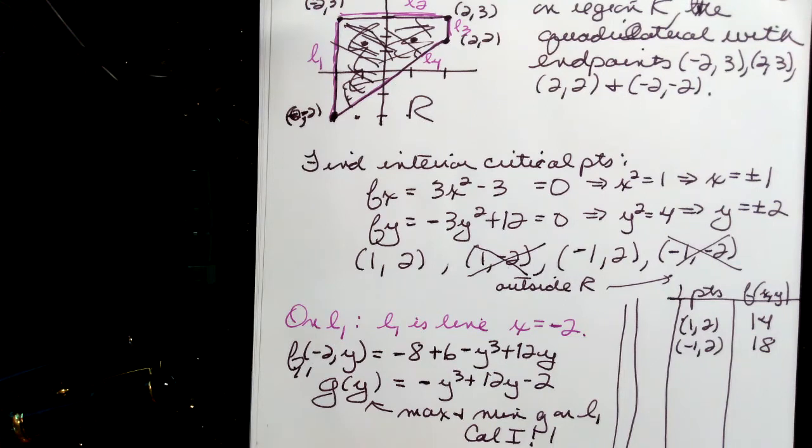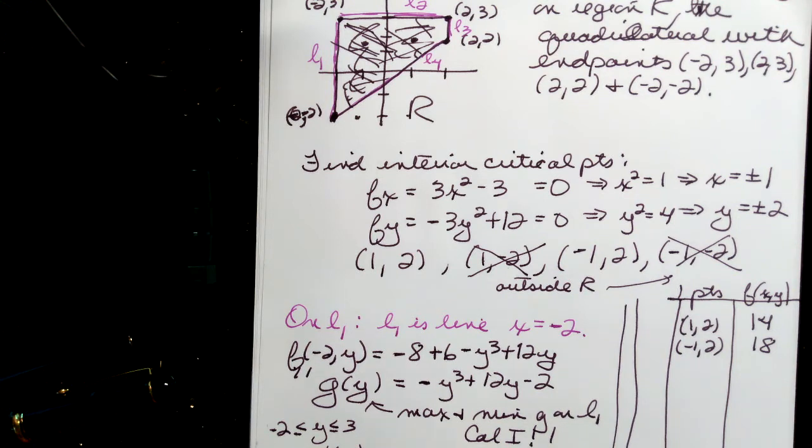So now when we take the derivative, by calculus 1, you take the derivative and set it equal to 0, and you look for critical points or the endpoints. So you maximize and minimize g on L1. So this means y is between -2 and 3. The maximum of that function either occurs at a critical point of g, which is -3y squared plus 12 equal to 0, which says y squared equals 4, so y is equal to plus or minus 2, or it happens at an endpoint.